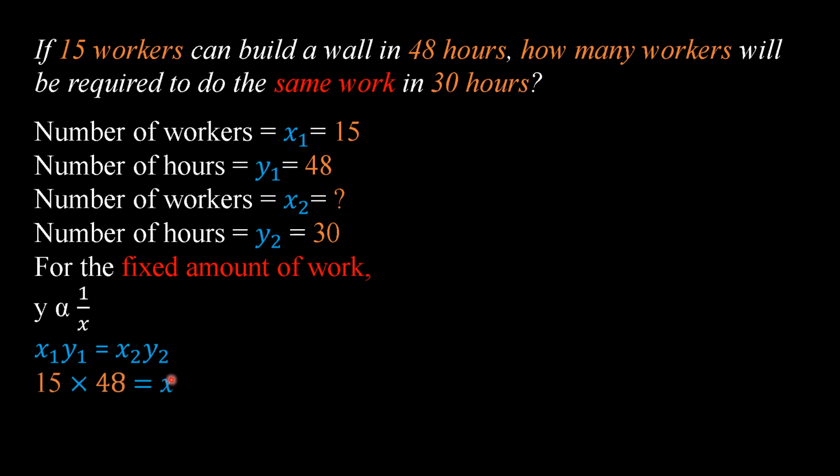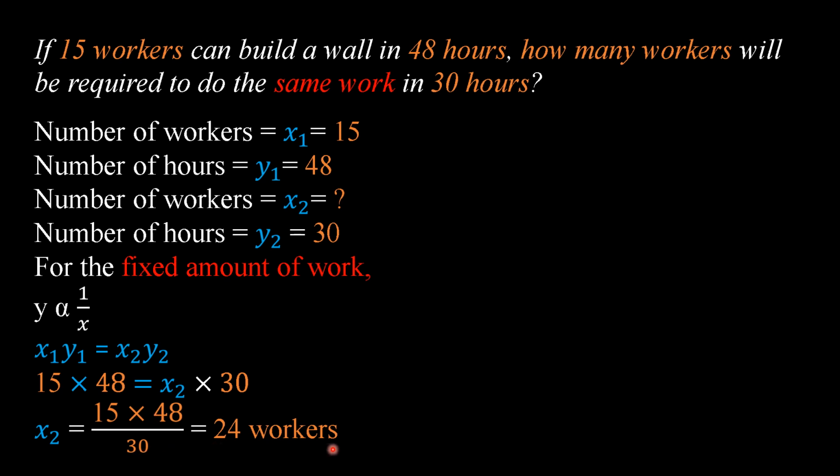We will substitute the values: 15 for x1, 48 for y1 and 30 for y2. x2 will be 15 multiplied by 48 divided by 30. 15 divided by 30 is 1 by 2, and 48 divided by 2 will be 24 workers.